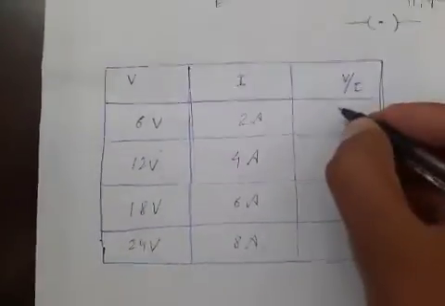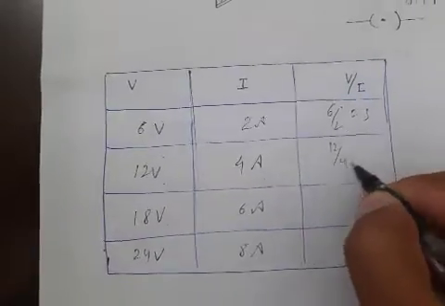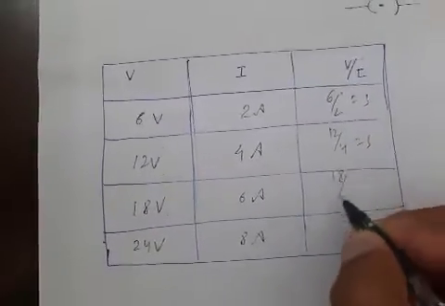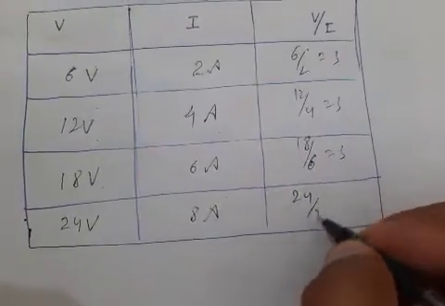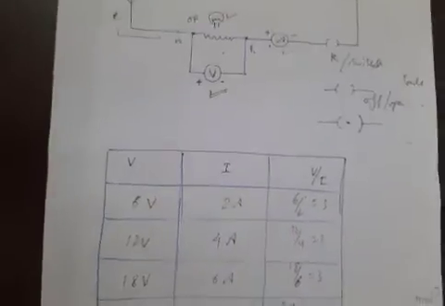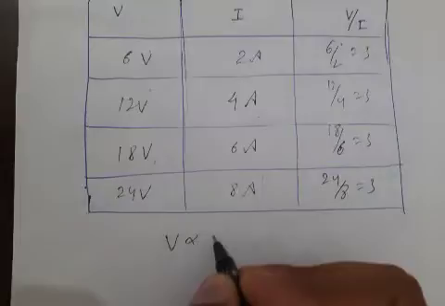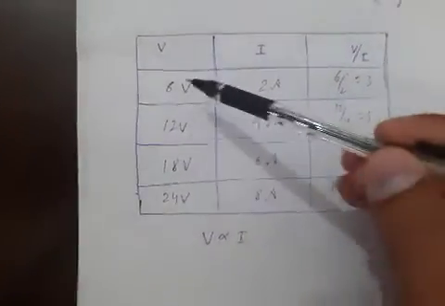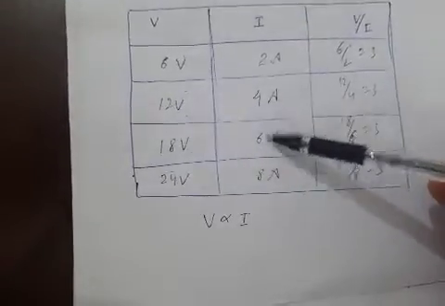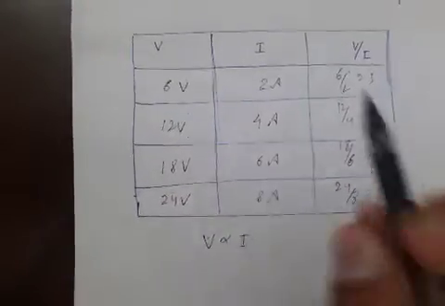So now the ratio of V over I, in each case 6 by 2 gives 3, 12 by 4 gives again 3, 18 by 6 gives again 3, and 24 by 8 again we get 3. So in Ohm's law we see V proportional to I. Proportional means as we increase the voltage there is an increase in the current, directly proportional. If V is increased then the corresponding current is increased in the circuit, but it is not equal.